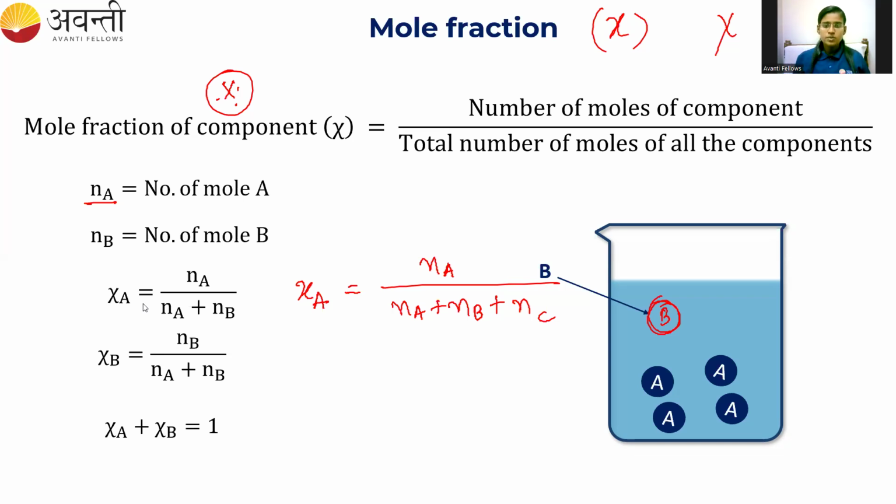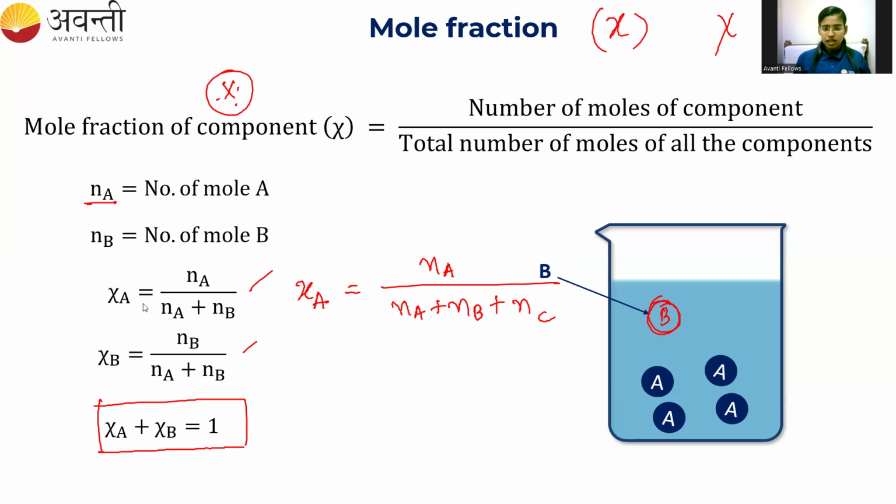So why I'm saying this formula is very important is that in some questions, we may be required to find out the mole fraction of both the components. In that case, you don't have to apply these 2 formulas and do all the calculation, multiplication, division for both. Just find out the mole fraction of one component.